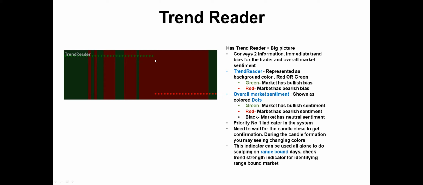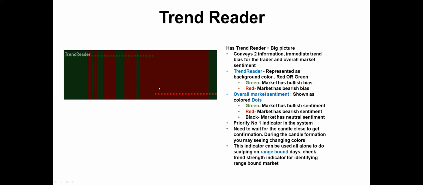So these two things are indicated through the trend reader indicator. This is the number one priority indicator in the system. To take any trade bias, you should see this first. While a candle is forming, this color will fluctuate between green and red, so for confirmation you need to wait till the candle closes.